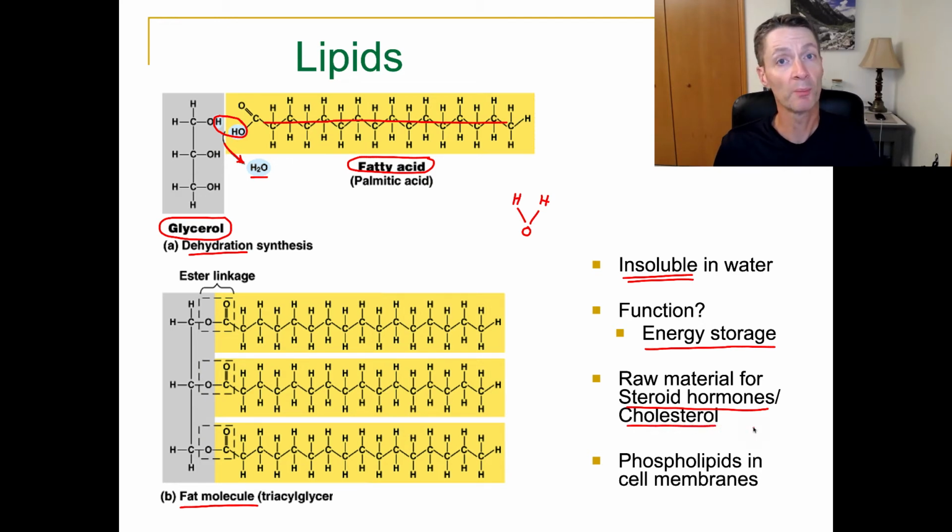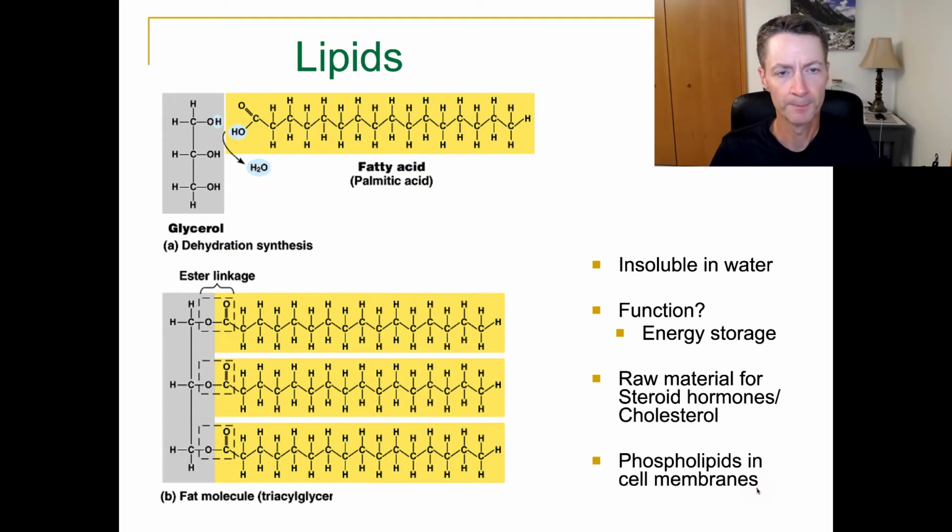And cholesterol, believe it or not, is a good thing in the body, unless it's too high in concentration. And even the cell membranes, the outer boundary of our cells, have kinds of lipids that compose them.